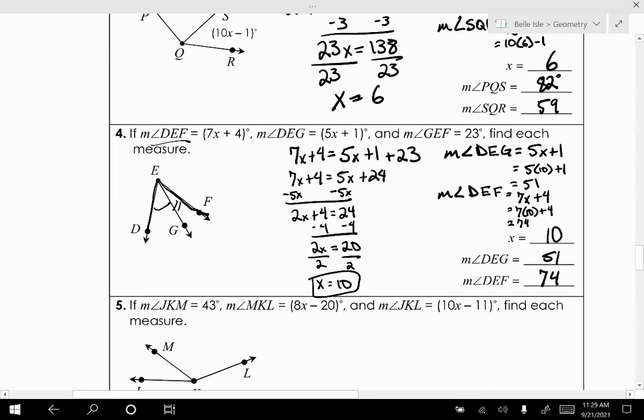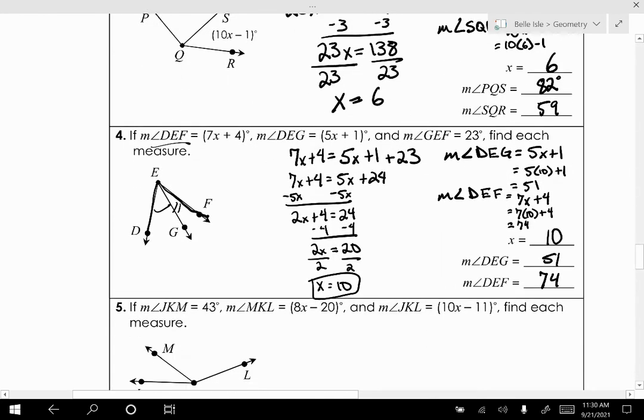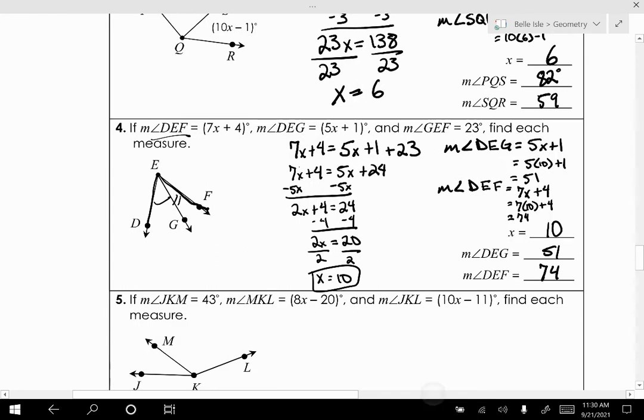So that's kind of what we did on the first one, right? We did the smaller angle plus the smaller angle gives us the bigger angle. Okay. So since we're starting with the bigger angle, that's why I put that right there. And then equals the smaller angle DEG plus the measure of angle GEF, which it just told us was 20.